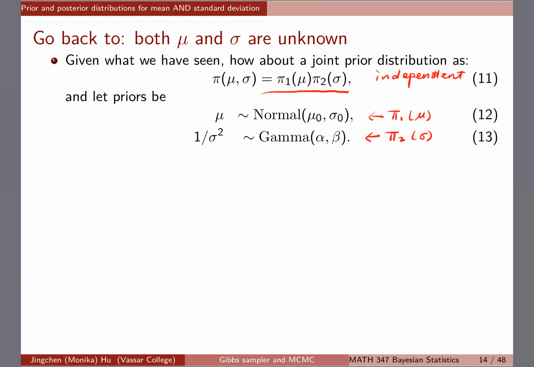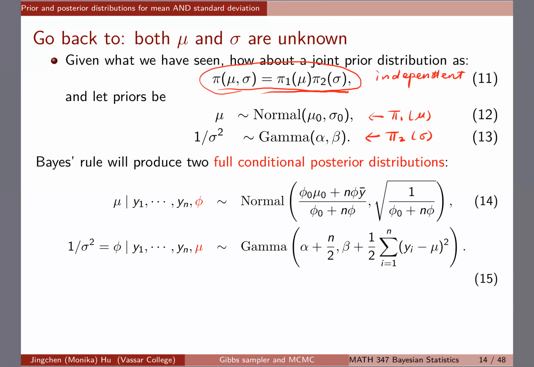Okay? So nothing changed much, but we do start to assume that both of them are unknown, both of them are random. We're giving two prior distributions, one to each of them, and specifically in equation 11, we're assuming that they're independent, so we can break the joint into the product of the marginals. So this, again, goes back to the probability review that we did before and your other coursework in the past. So this is a key assumption that we're making here. And again, we're making this assumption just to make our life easier.